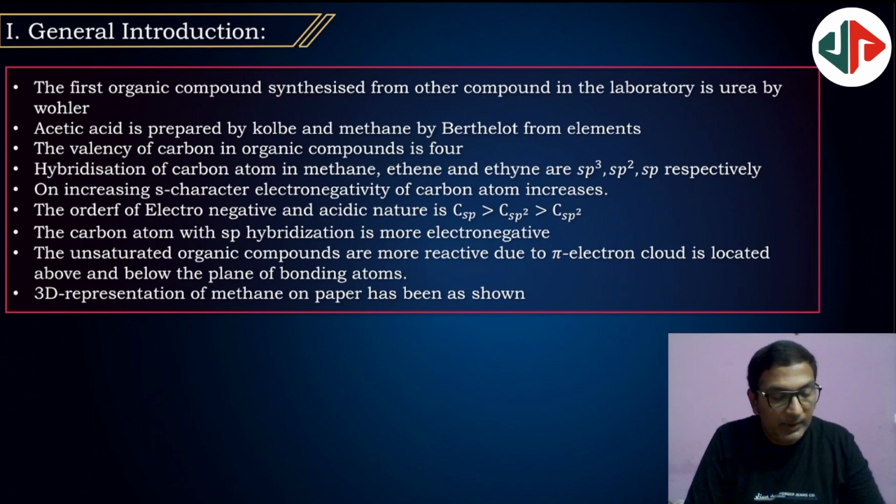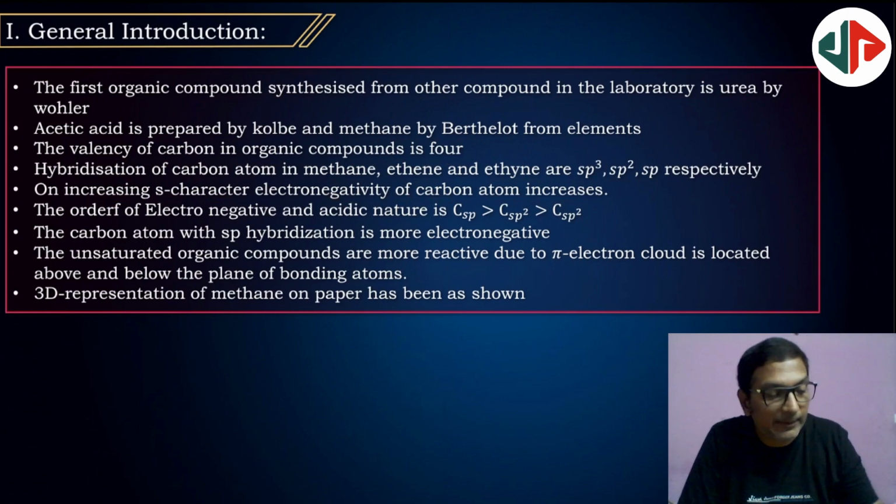Next, hybridization of carbon atom in methane, ethene and ethyne: sp3, sp2, sp respectively. So first one, methane alkane, ethene alkene, ethyne alkyne. Next, on increasing s character, electronegativity of carbon increases.